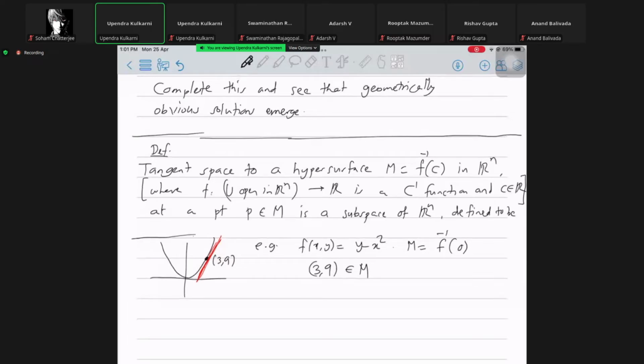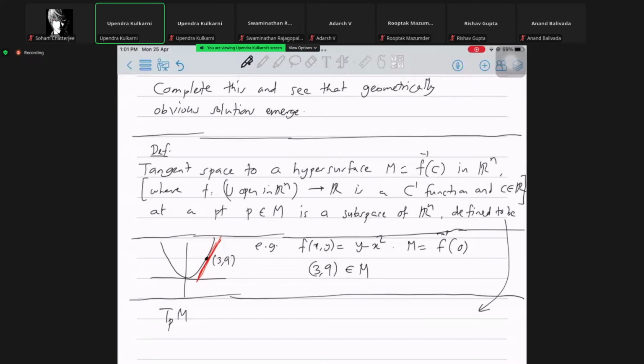Sorry, this has now become an interview. I do not want to. Define it to be Tp of M, at the point P. So this is very simply the kernel of the map F prime, sorry, F prime of P.